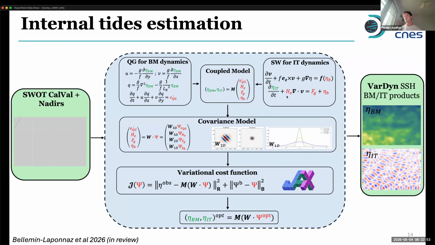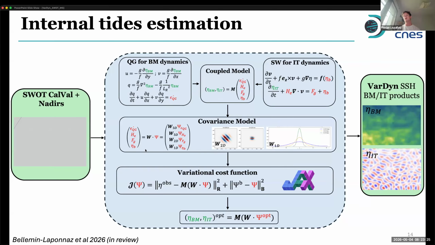And we also have this He parameter, the equivalent depth, which simulates the modulation of the internal tide field due to stratification and also due to balanced motion. If we combine the two, then we have the space and time trajectory of balanced motion and internal tides, given by the model integration of these control variables.